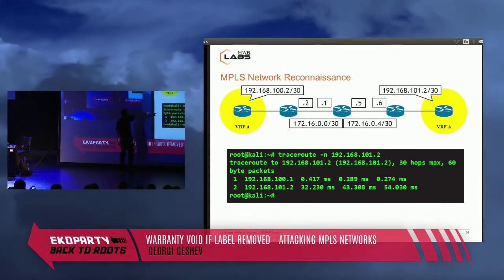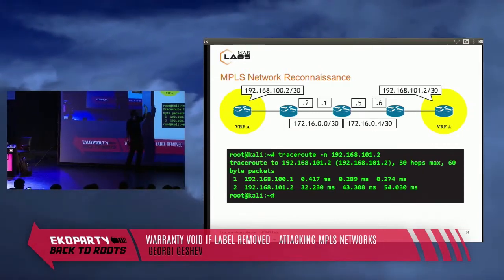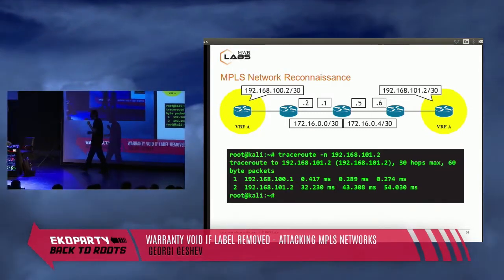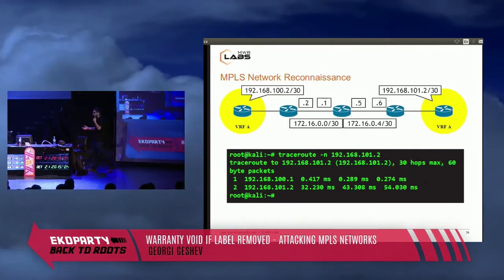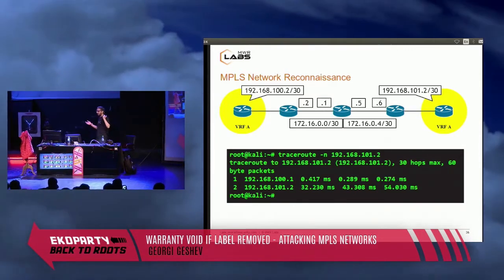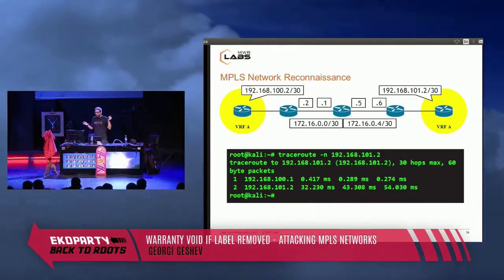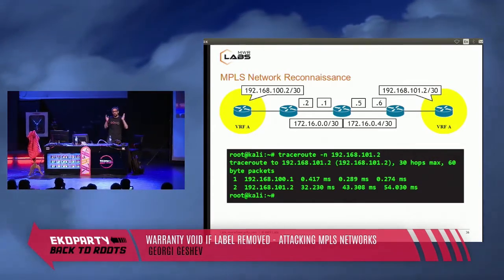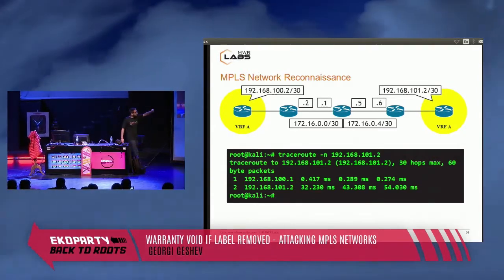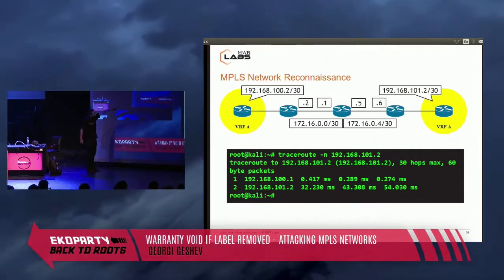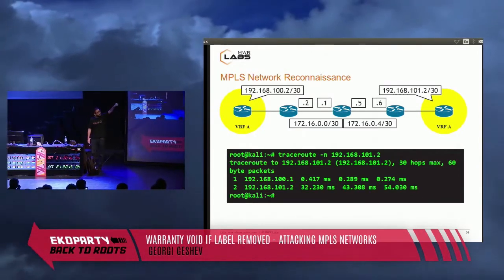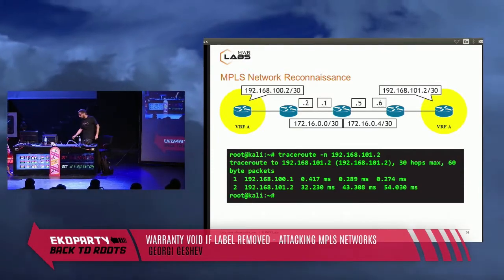When we perform traceroute across the LSP to the far end of the VRF, we cannot reveal any information related to the service provider network. The only thing we see is our default gateway IP address and the remote IP address of the far end customer edge device.